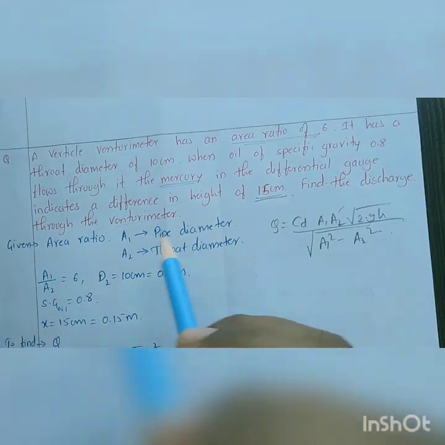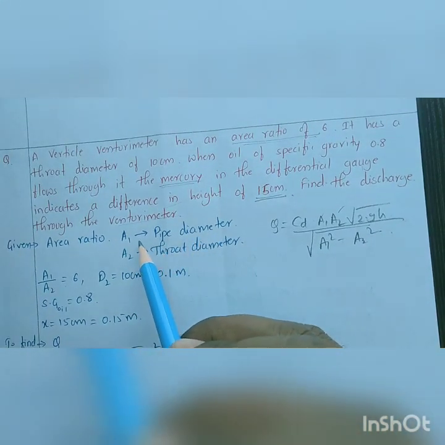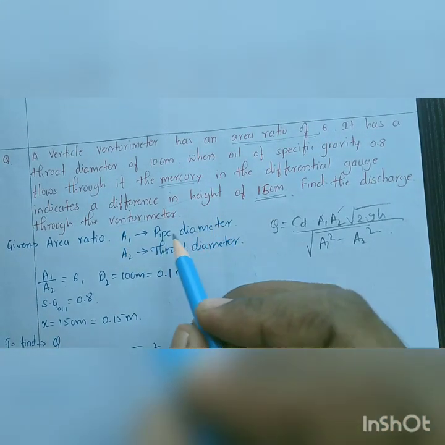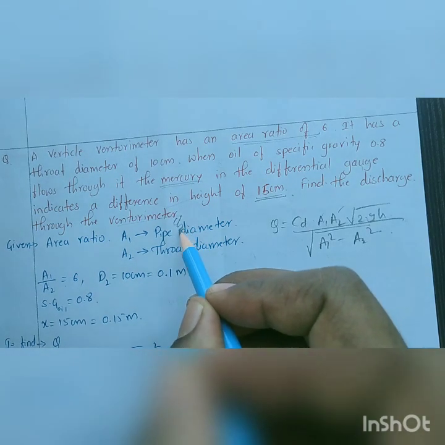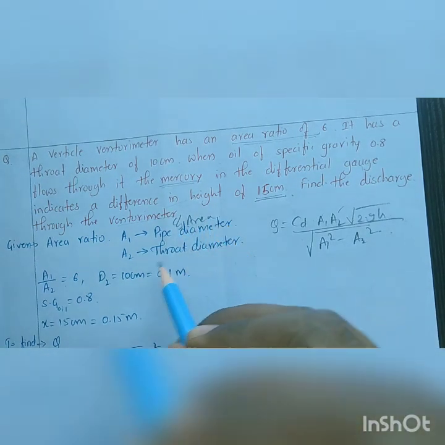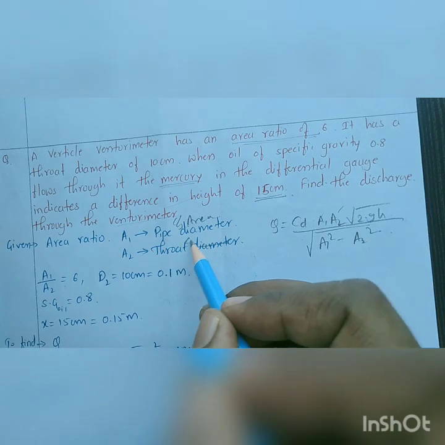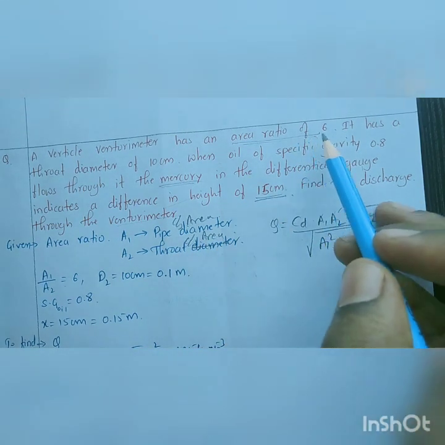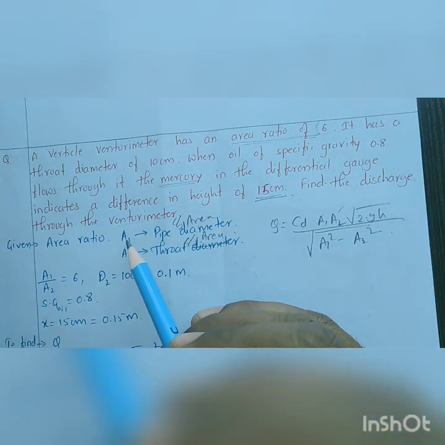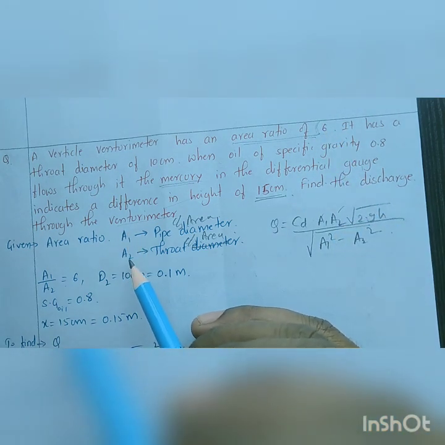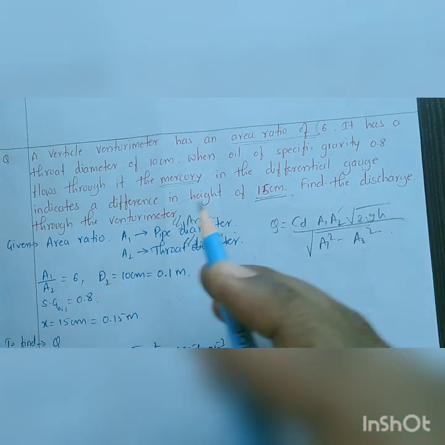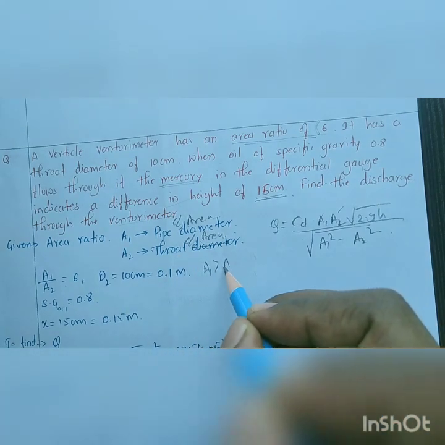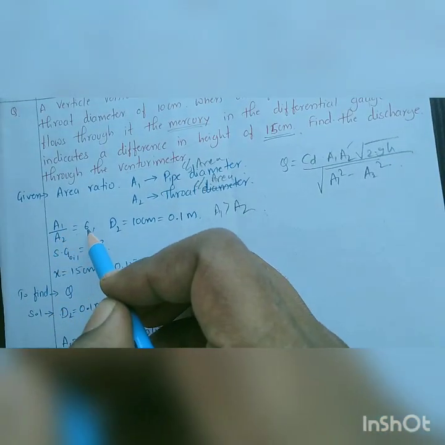So let me assume that D1 is pipe diameter, A1 is pipe cross section area, and A2 is throat cross section area. If the ratio has to be 6, then is it A2 by A1 or A1 by A2? It should be A1 by A2. A1 is greater than A2, so A1 by A2 is 6.